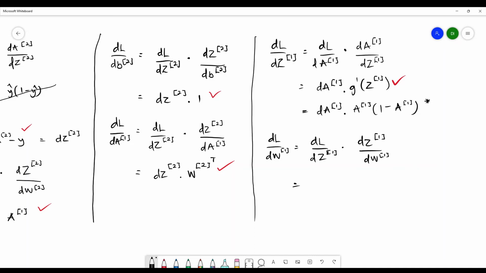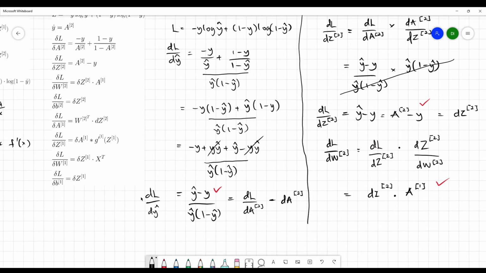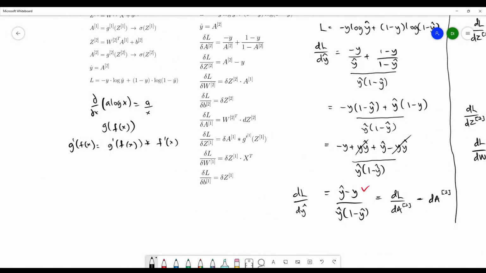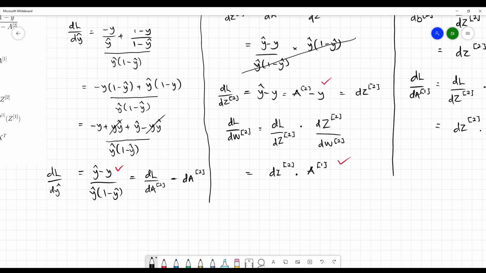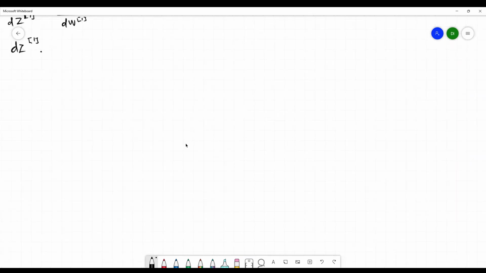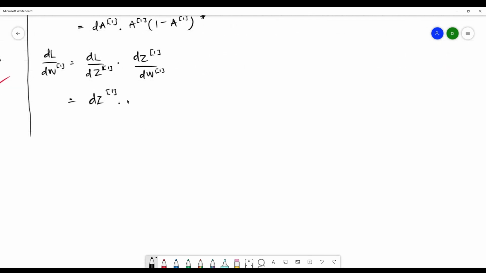We already have this as dZ1 multiplied by, let's look up the relationship between these two, Z1 and W1, and it is in fact X. But for the matrix multiplication to work out, we add a little transpose over here.